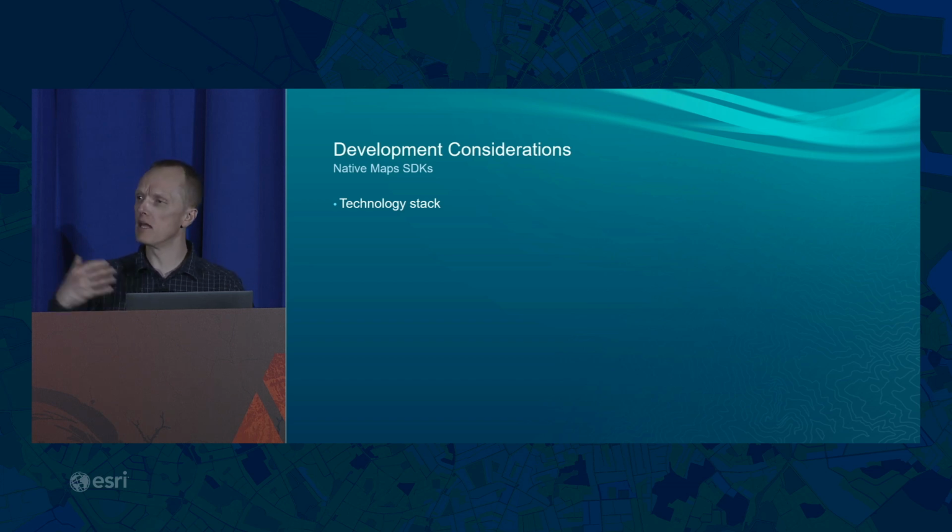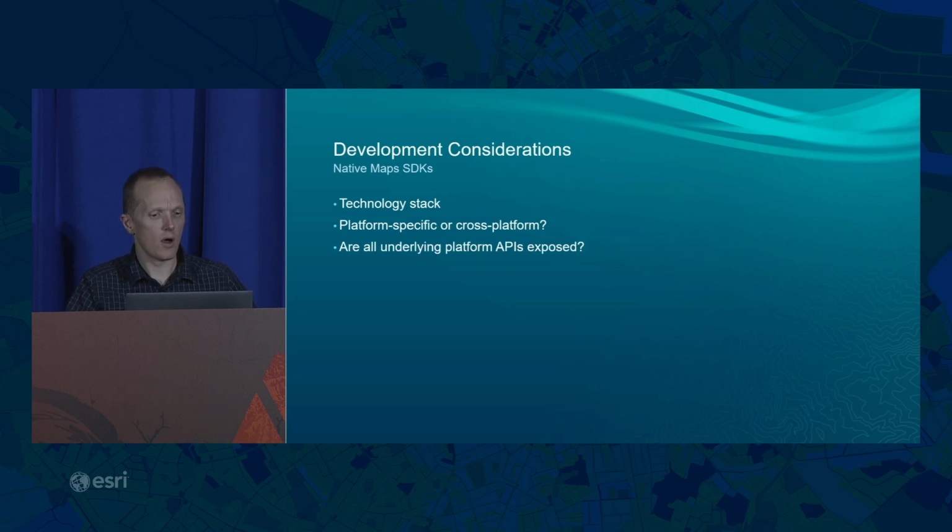And you have to think about, is that component that I need available within this technology stack, within this framework? Are you building platform-specific or cross-platform applications? If you're building cross-platform, is the underlying cross-platform framework that you're using, .NET, for example, or Java, Qt, does it expose all of the underlying platform APIs that you need to use?